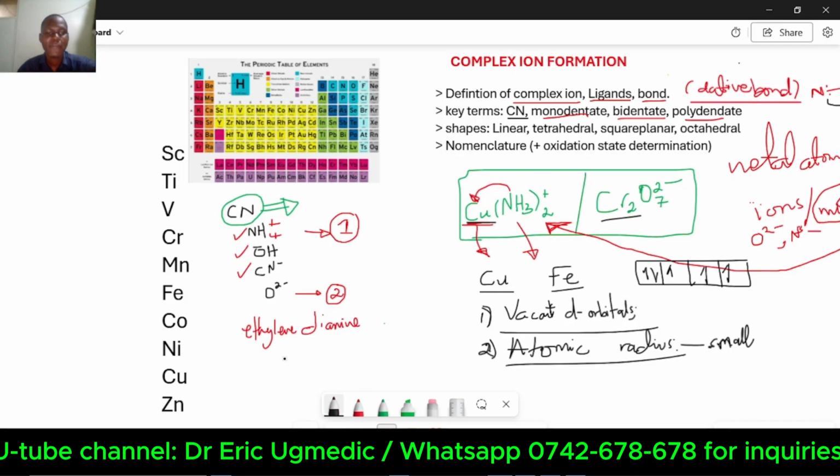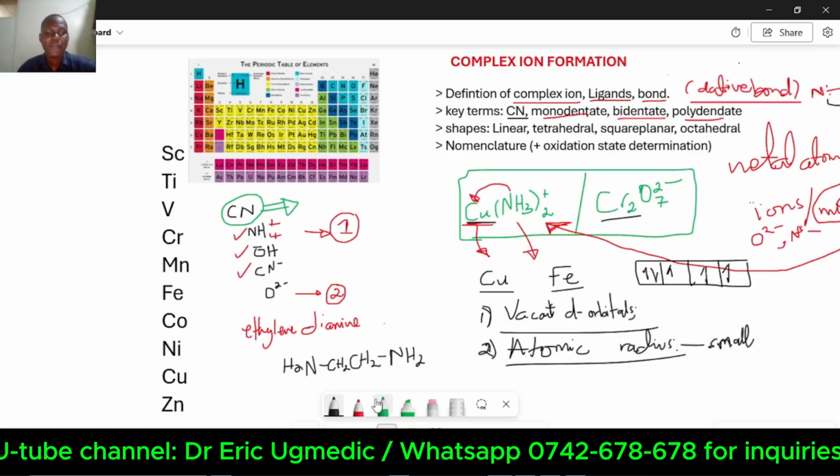So you have your two amine groups attached to the ethylene residue. So you have the ethylene here, and then you have your amino groups like that. So this is the ethylene diamine. Why is it bidentate?